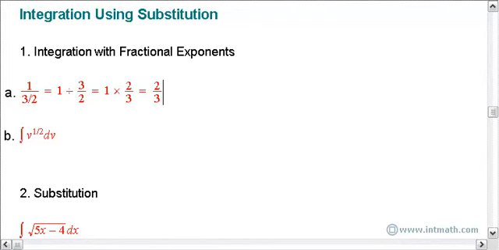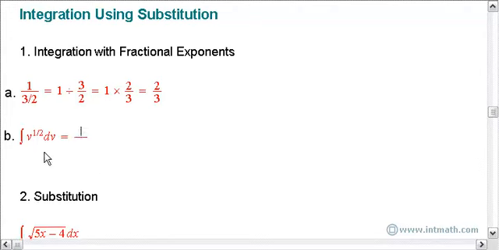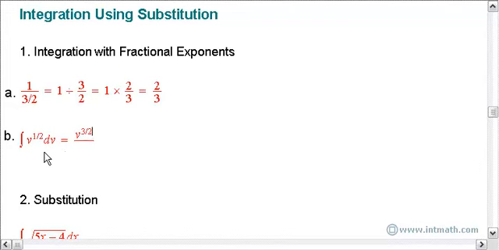Now here's a simple integration involving a fraction. When I'm integrating this sort of thing, I should add 1 to the index and then divide by the new number. So I'm going to have v to the 3/2 over 3/2, because a half plus 1 is 1.5, and then divide by the new number, plus k.